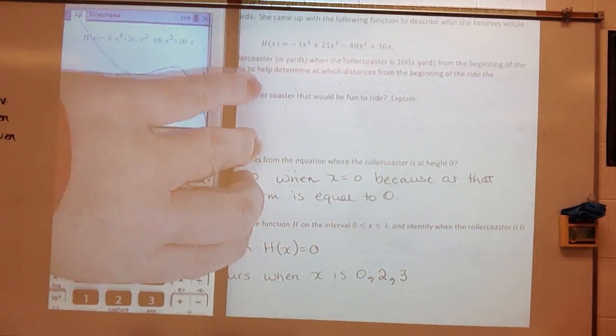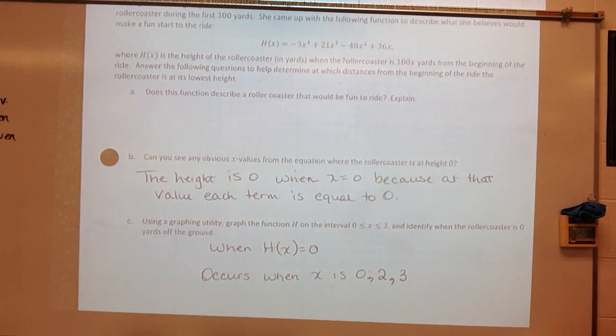What do the x values you found in part C mean in terms of distance from the beginning of the ride? Well, if you remember, it told us that this was a graph of when the roller coaster is 100x yards from the beginning of the ride.